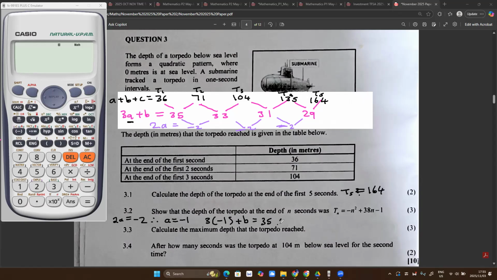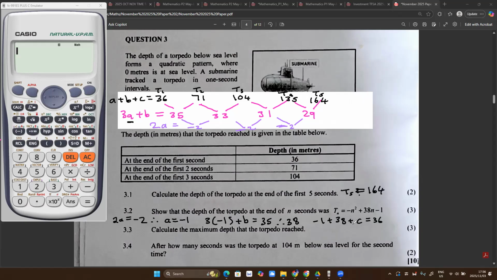All right. And then our a plus b plus c, so that's a is negative 1, b is 38, and c is what we want, is equal to 36.